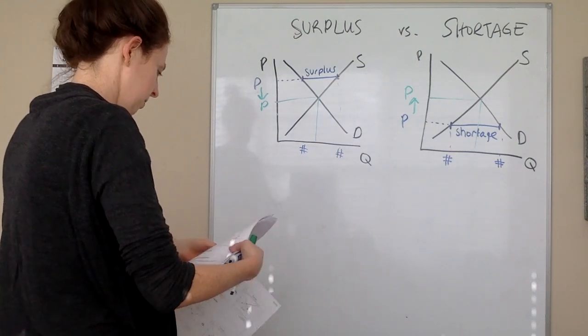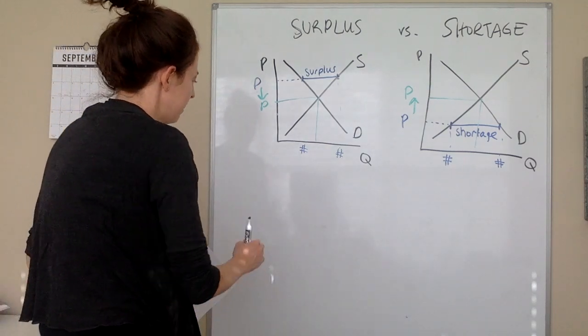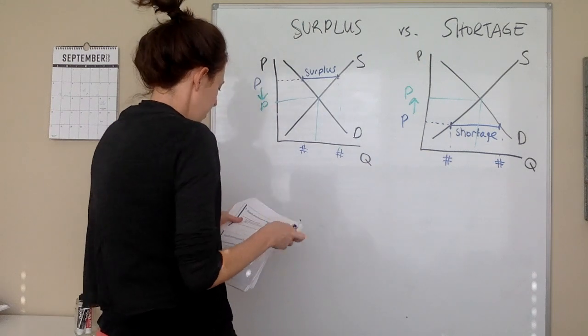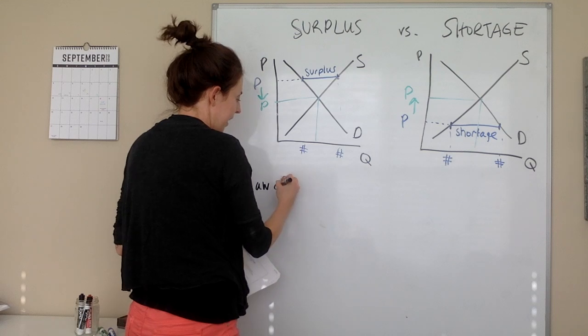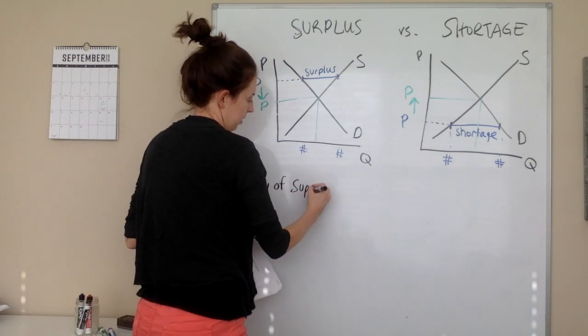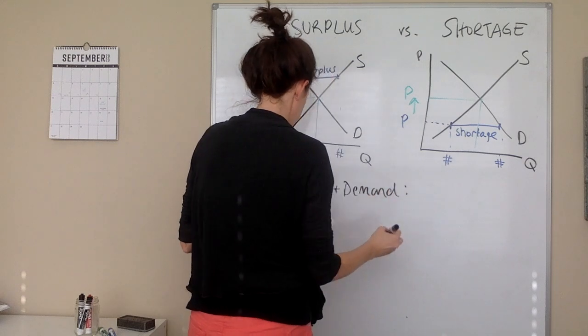Okay, so I'm going to put what I said in word format so it's in your notes, and then we'll be done for the day. So the law of supply and demand says basically what I described.